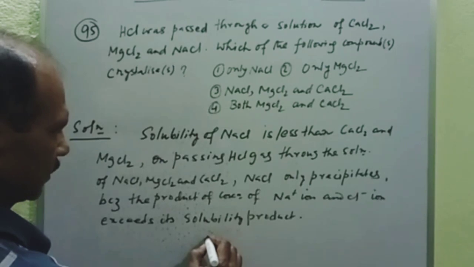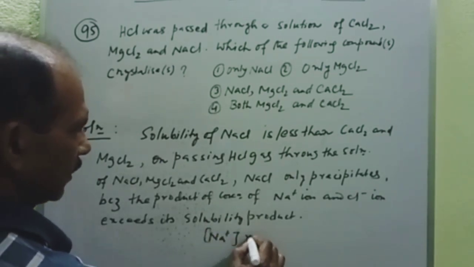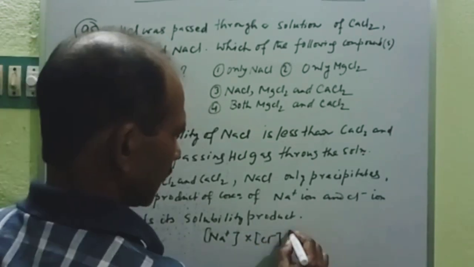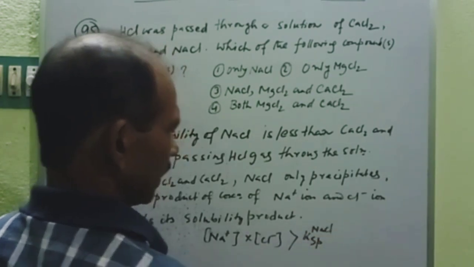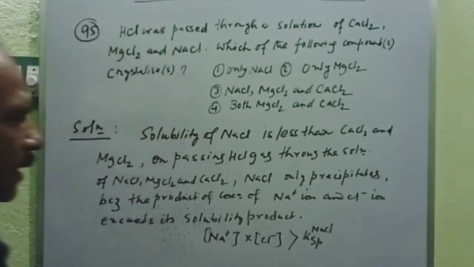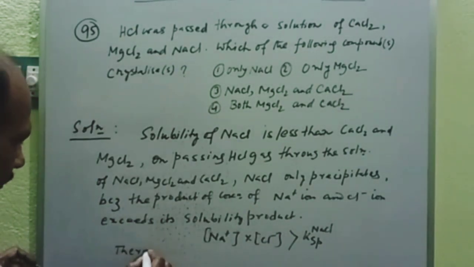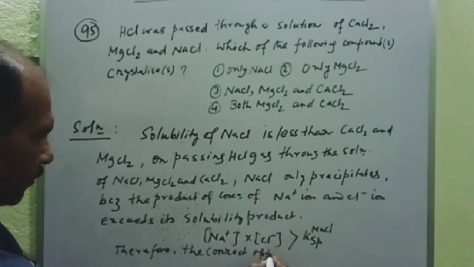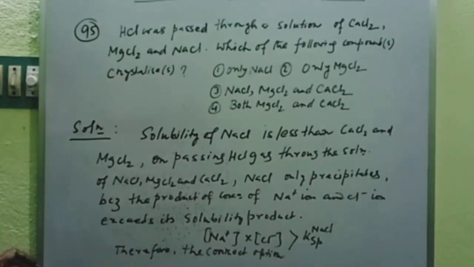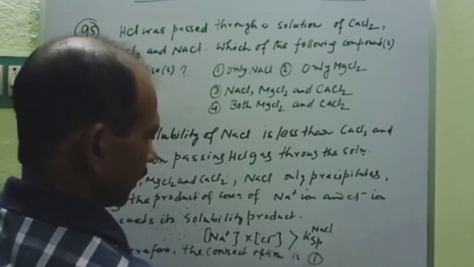That means concentration of Na+ into concentration of Cl- is greater than the Ksp of NaCl. Ksp means solubility product of NaCl. Therefore, the correct option is option number 1.